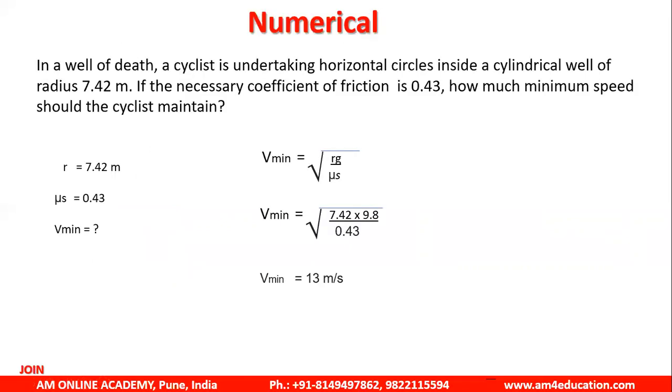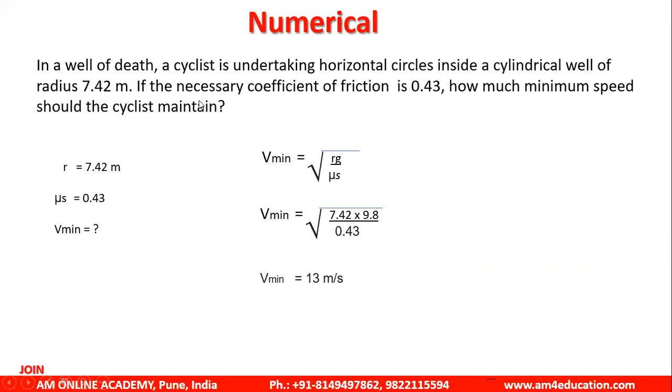Let us see one of the numericals. In the well of death, a cyclist is undertaking a horizontal circle inside a cylinder of radius 7.42 meter. If the necessary coefficient of friction is 0.43, how much minimum speed should the cyclist maintain?